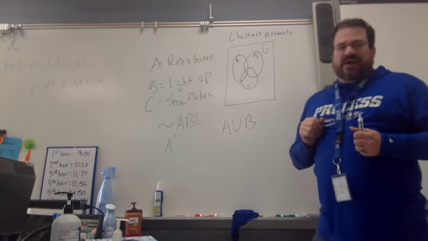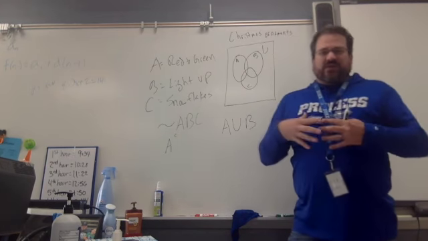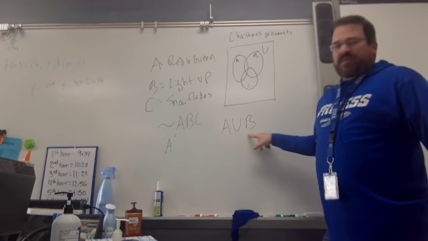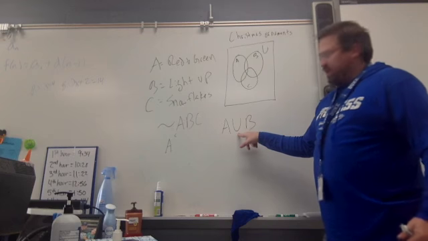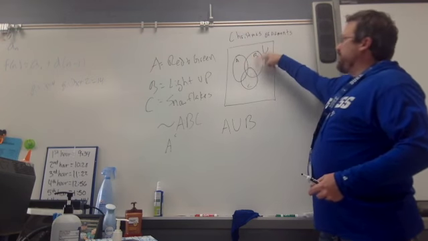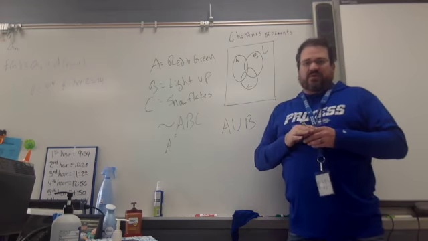So anytime we're talking about the union of 2 sets, it's both A and B. So this terminology right here is the union of A and B, which means everything that's inside my A circle and my B circle.